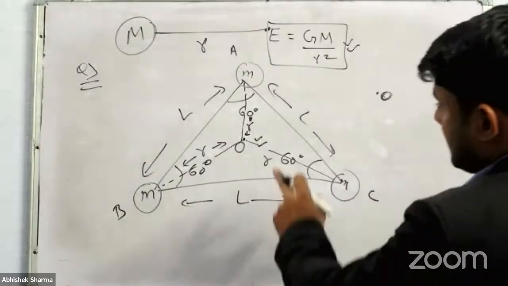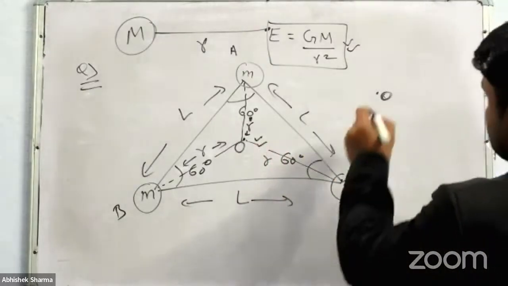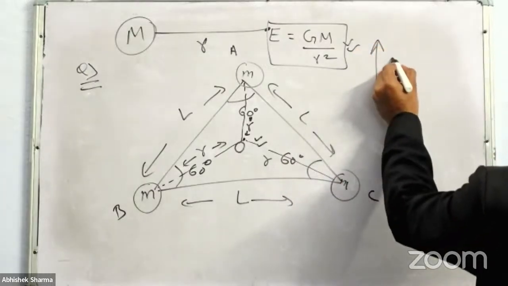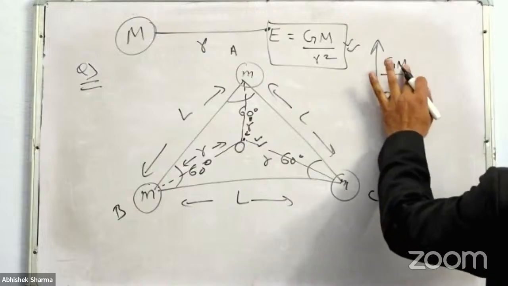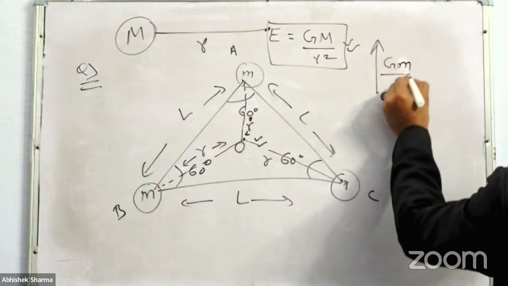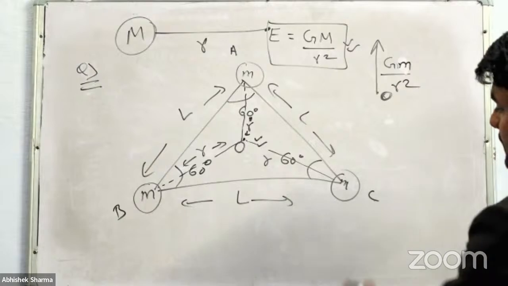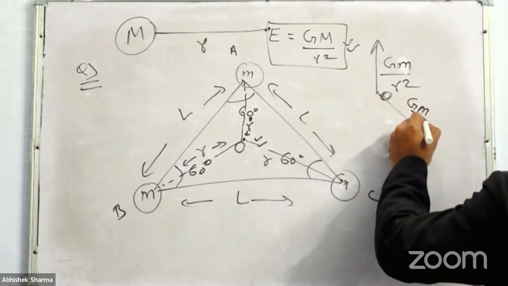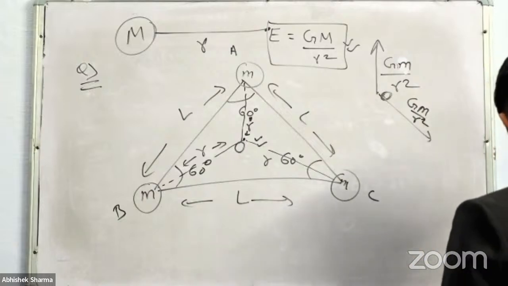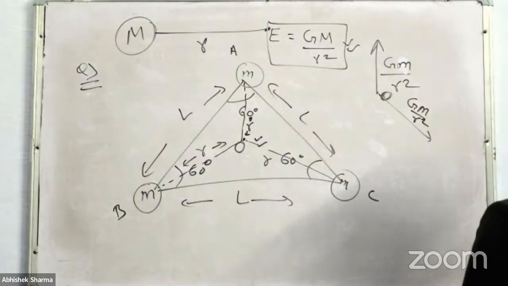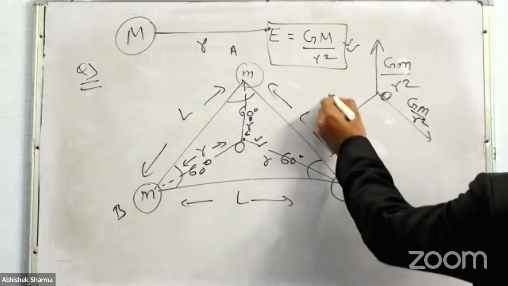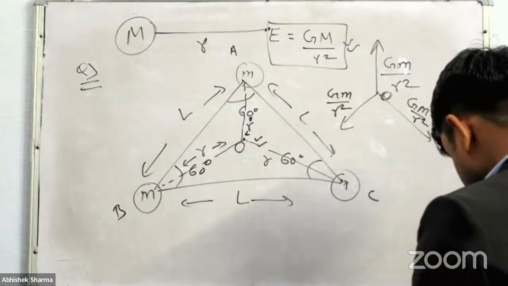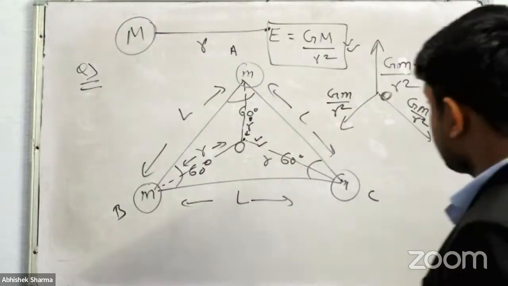Same we'll write for this. Vectorially, the attractive gravitational field strength, because the mass is small m, will be Gm upon R square. For C vertex, it is Gm upon R square, and for this also it will be Gm upon R square.